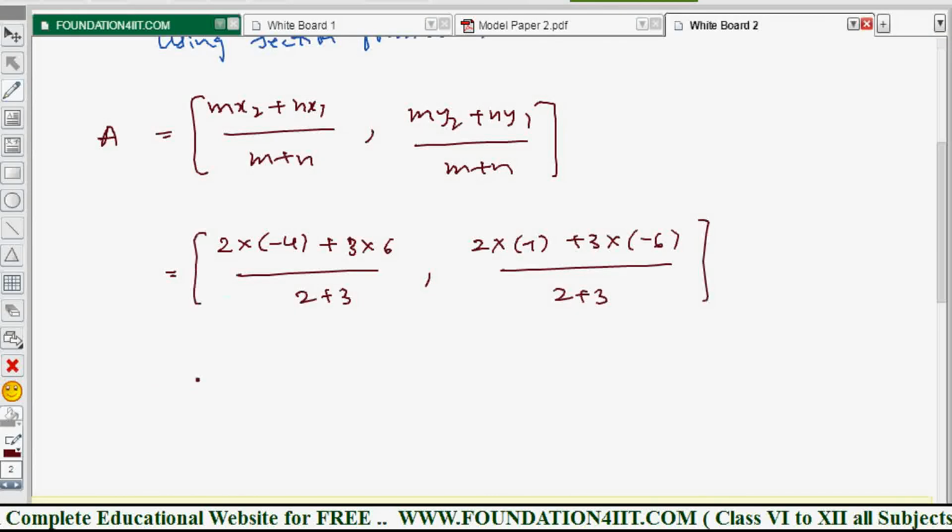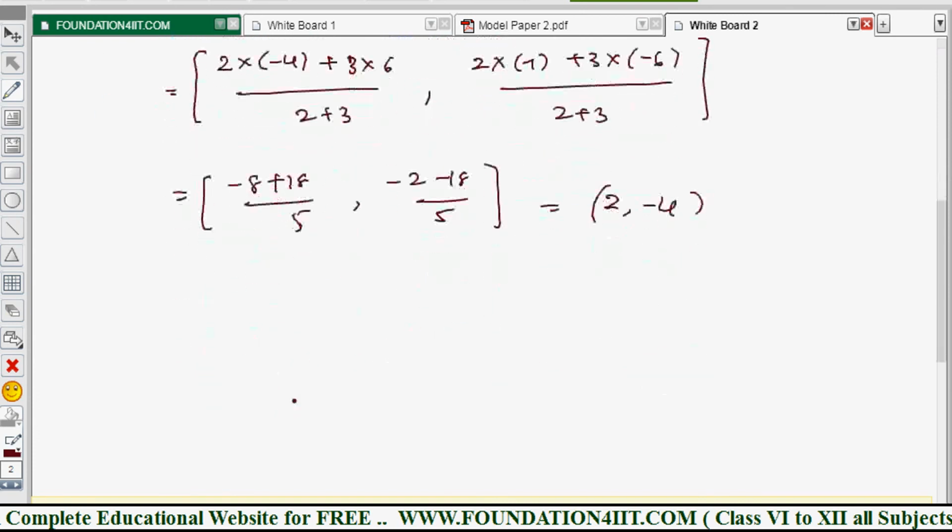Simplify this and you will get the value of A. That is minus 8 plus 18 by 5, and minus 2 minus 18 by 5, and that is 2 comma minus 4, right? Minus 8 plus 18 is 10, 10 by 5 is 2. So point A we got.